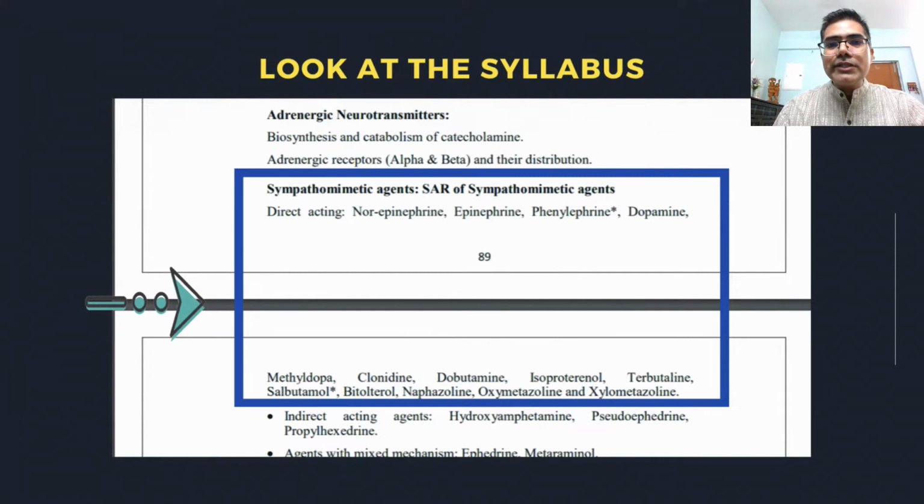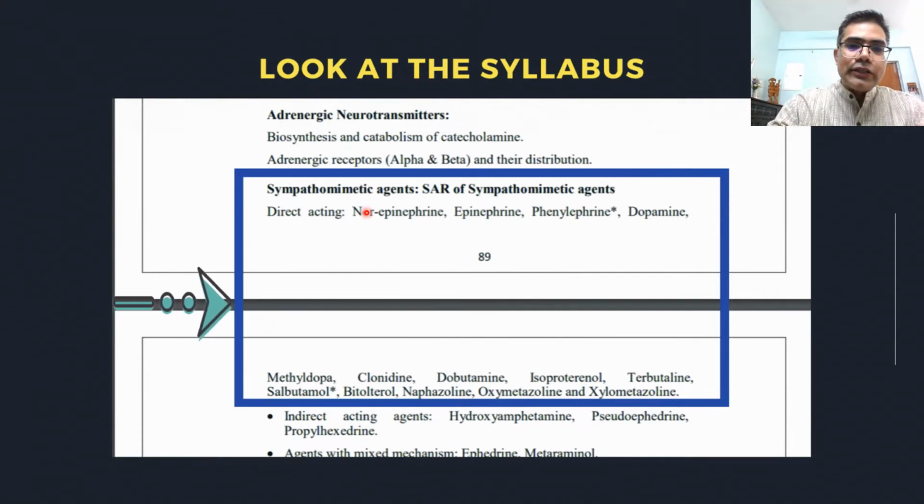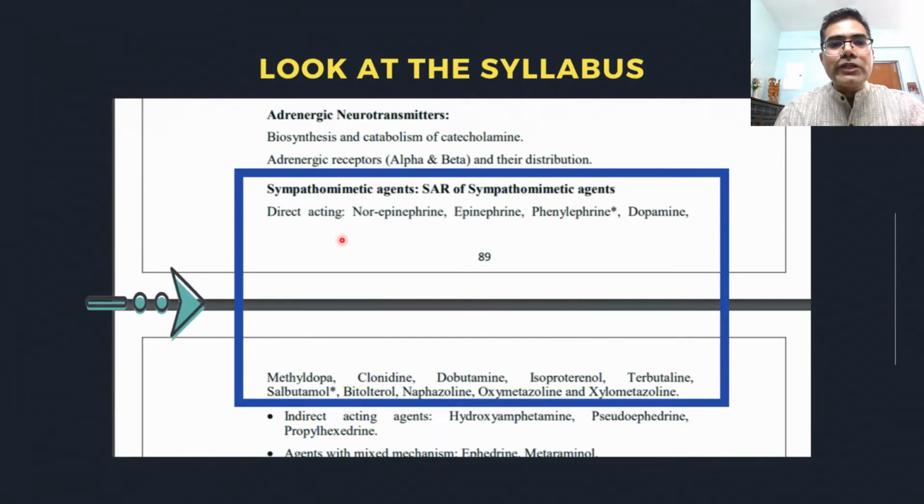Now, if you look at the syllabus of the sympathomimetic agents, right? These are the directly acting agents, and then you have the indirectly acting agents. To start with, we are focusing first on the directly acting agents. In this, there are around 14 molecules mentioned to study.